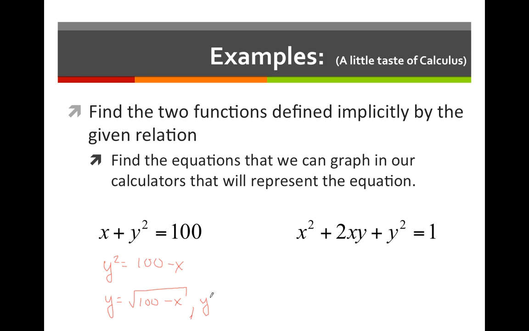So if we wanted to graph this in our calculator, we would actually have to write in both equations. These are the two functions defined implicitly by the given relation. These are implicit functions. Basically, they imply the original equation.